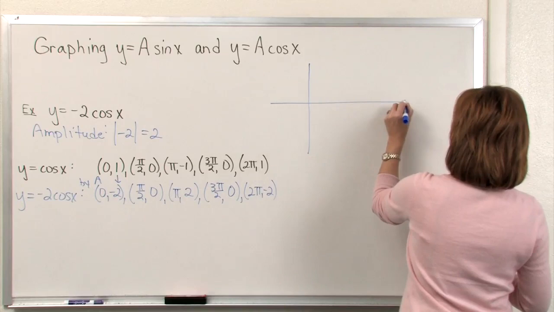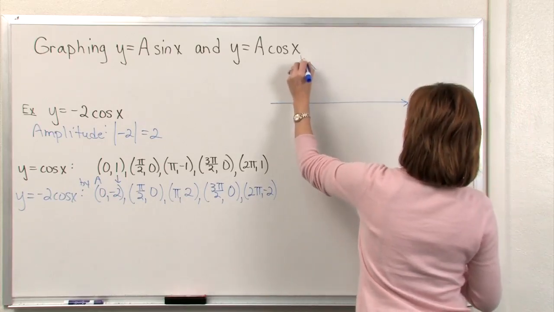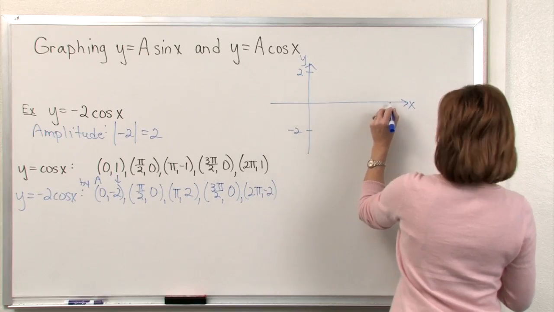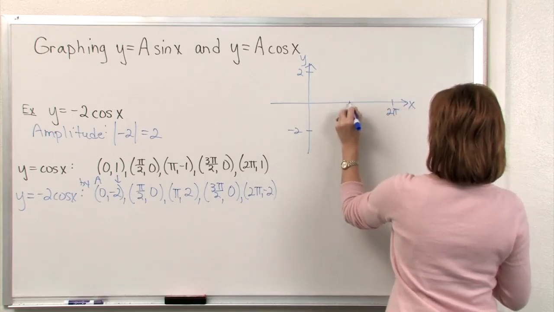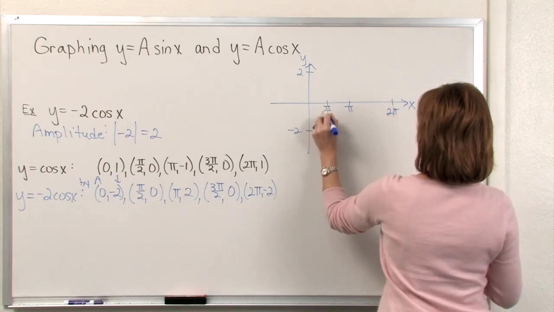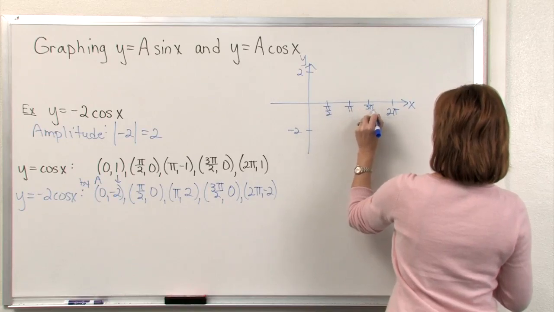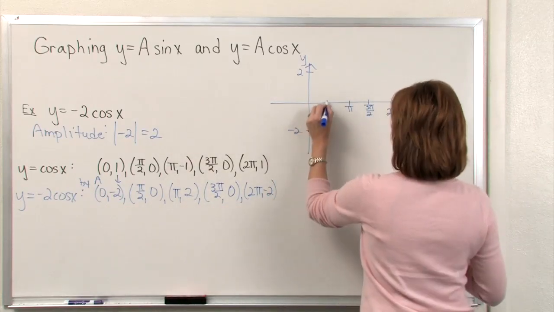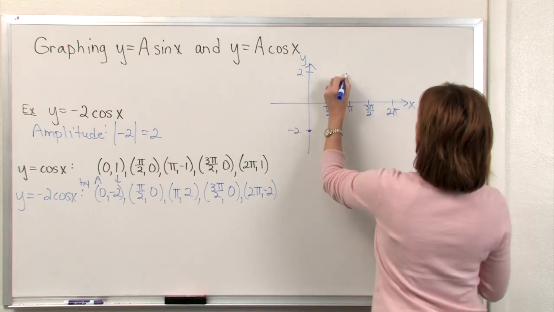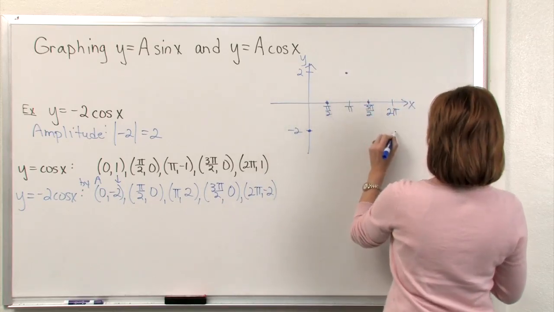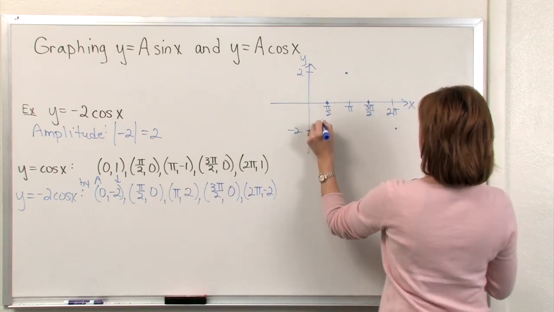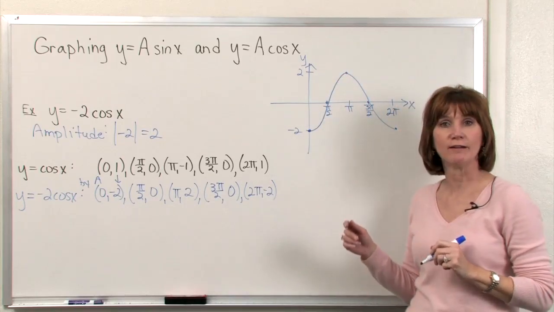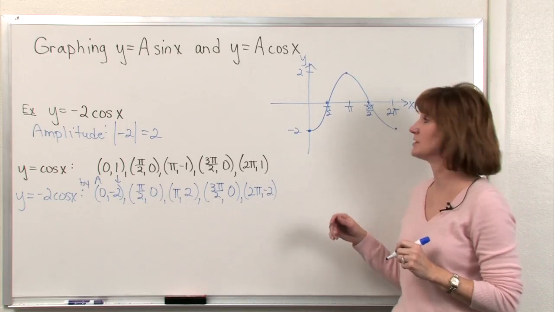Let's graph this function. So let's see, I have 0, negative 2, and pi over 2, 0, pi, 2, 3 pi over 2, 0, 2 pi, negative 2. So here's the graph of y equal negative 2 cosine x.